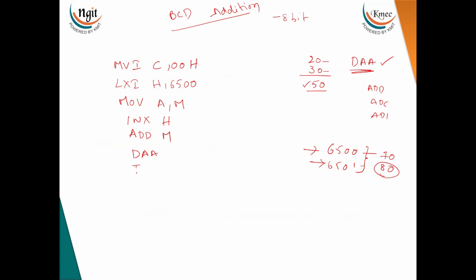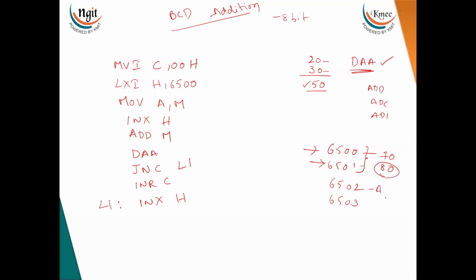And after that, we need to check whether any carry is generated or not. If the carry is generated, then we need to store that carry into the C register. Otherwise, no need to. If carry is generated, we store it into C, that means INR C. If carry is not generated, then simply store the result. The result goes in the next two consecutive memory locations.